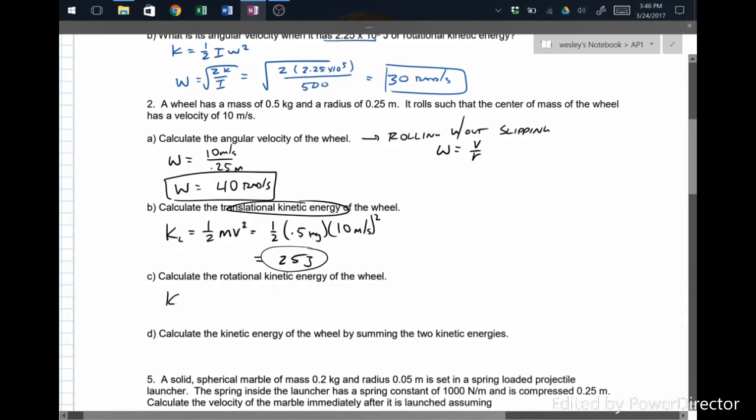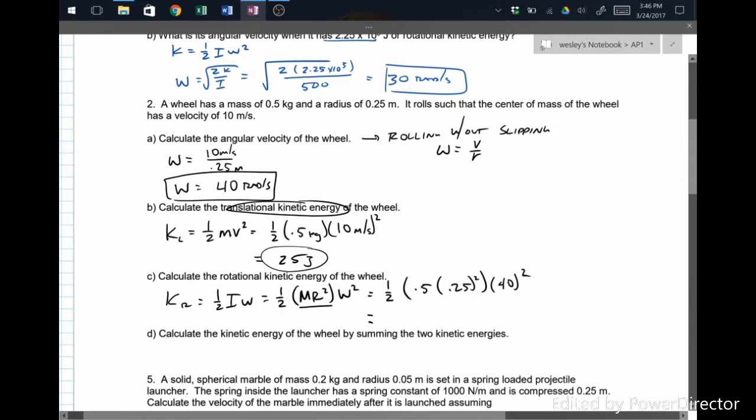The rotational kinetic energy is 1/2 I omega squared. So we have a wheel, so that's 1/2 mr squared times omega squared. So 1/2 times the mass of my wheel, 0.5, times the radius of the wheel, 0.25. That quantity is squared. That's the mr squared part, times omega, which is 40 radians per second squared.